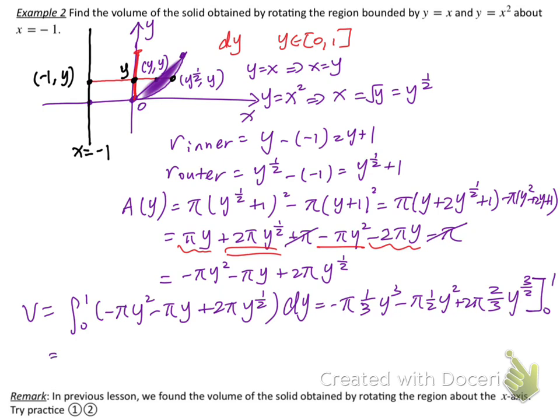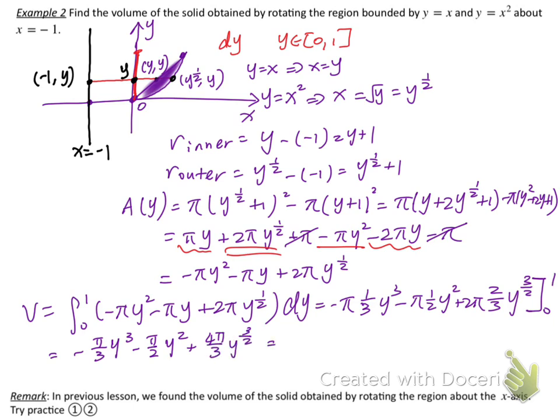This gives me negative pi over 3 y to the third power minus pi over 2 y squared plus 4 pi over 3 y to the 3/2.